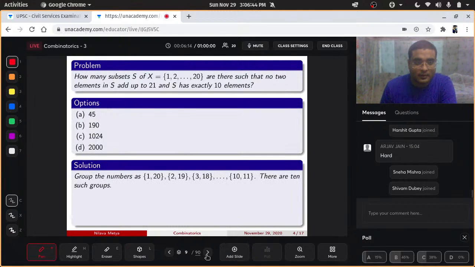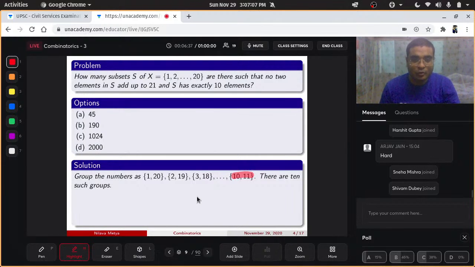So group these numbers as follows: together with 1, you take 20. This is the first group. The second group is 2 along with 19. The third group is 3 along with 18, and so on until 10 along with 11.